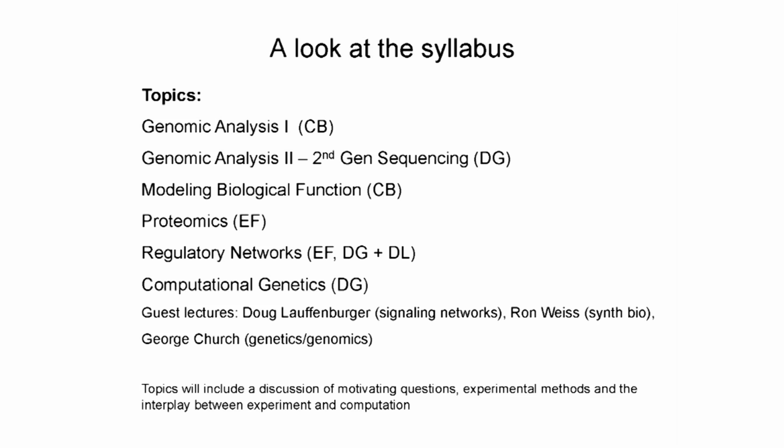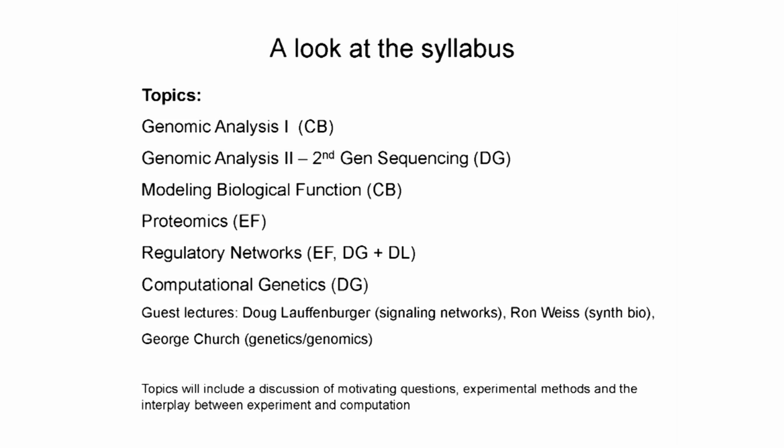And then I will come back and give a few lectures on modeling biological function. This will have to do with sequence motifs, hidden Markov models, and RNA secondary structure. Professor Frankel will then do a unit on proteomics and protein structure. And then there will be an extended unit on regulatory networks.